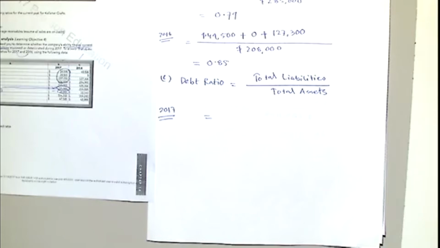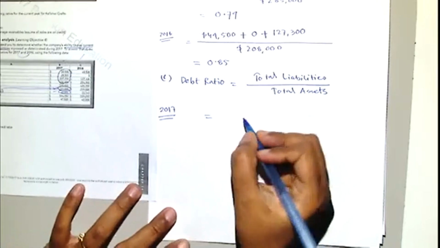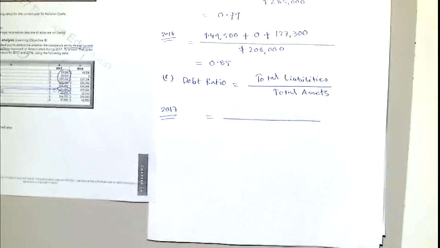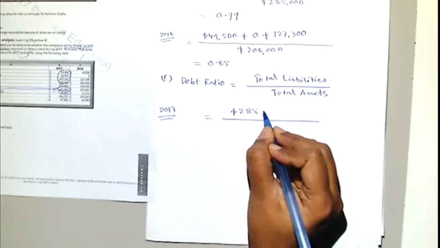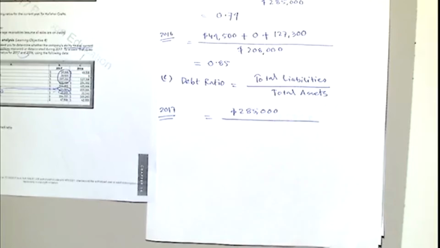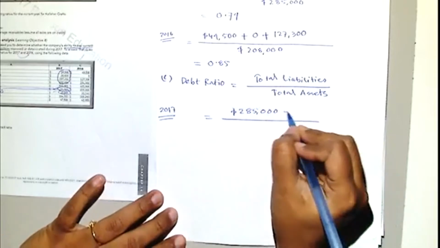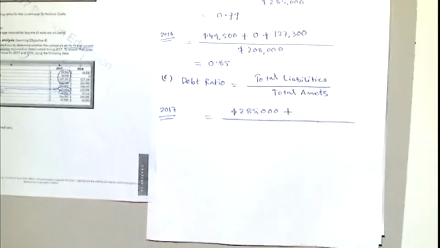Okay, so let's try to calculate it. Total liability, I just wrote our current liabilities, plus you have your long-term payable, which is 48,000.